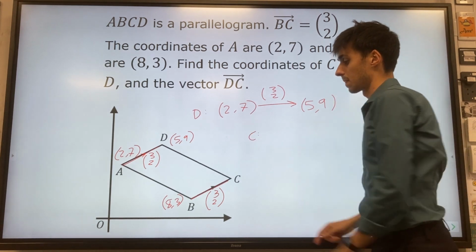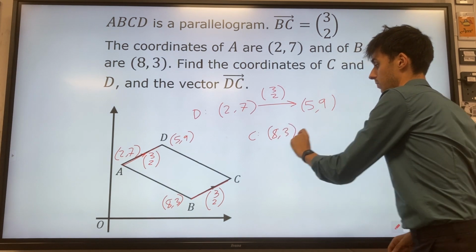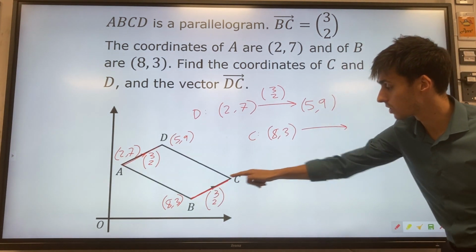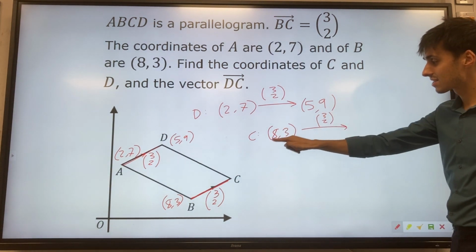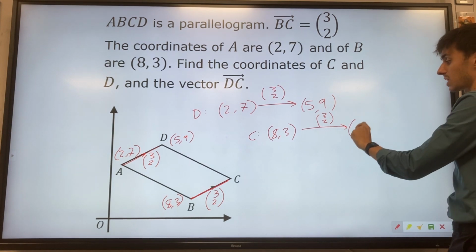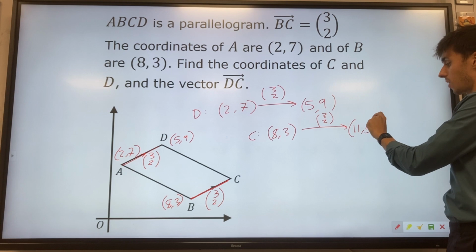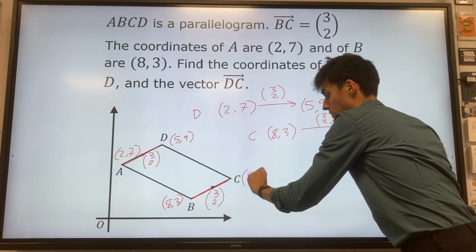To get C, we want to start at B, that was (8, 3). We're going to travel along the identical vector, (3, 2). 8 add our first number 3 will take us to 11. 3 add 2 will take us to 5. So that's my coordinates of C, (11, 5).